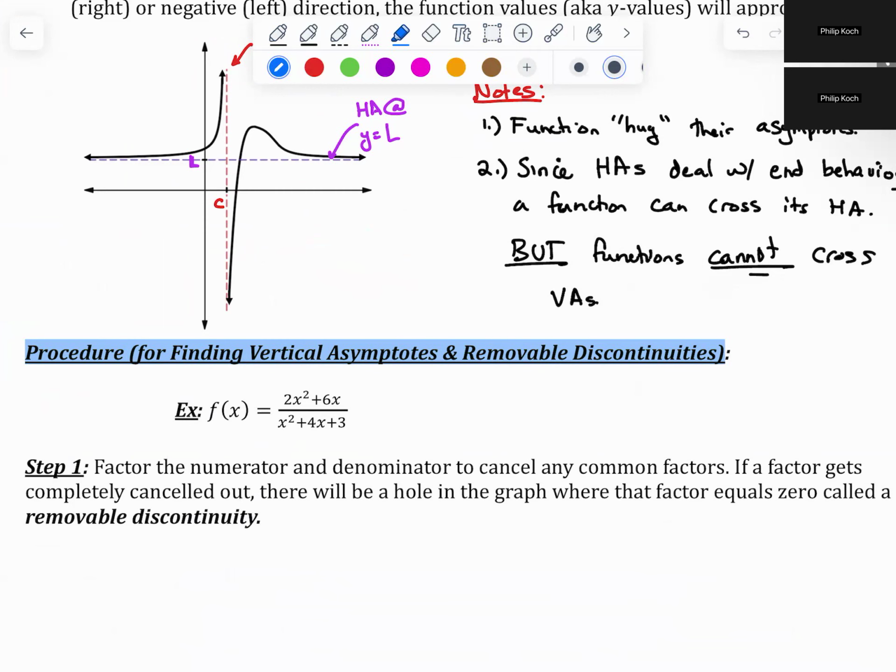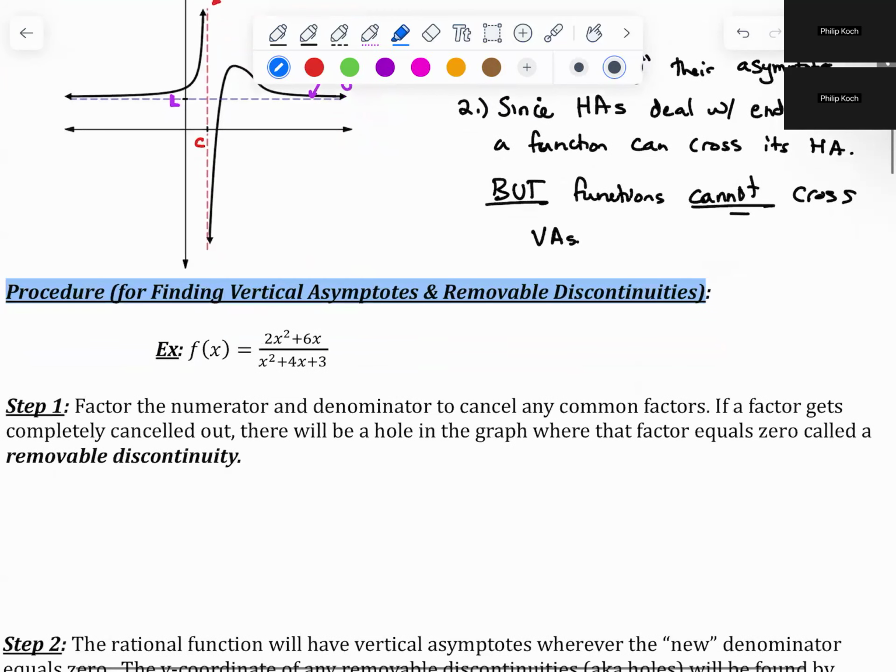If a factor gets completely canceled out, there will be a hole in the graph where that factor equals 0, called a removable discontinuity. This is going to seem weird. We will talk about what they are and how they work in just a moment, but let's talk about the procedure first, and then we'll explain why it is the case.